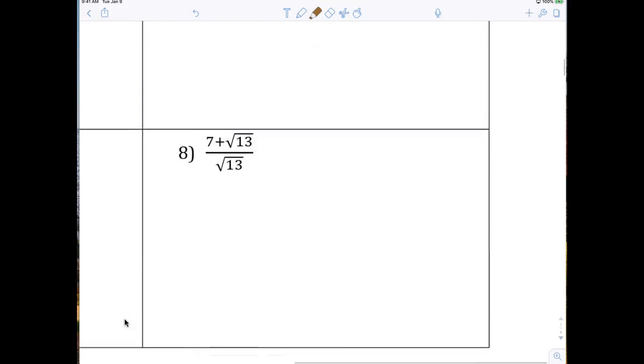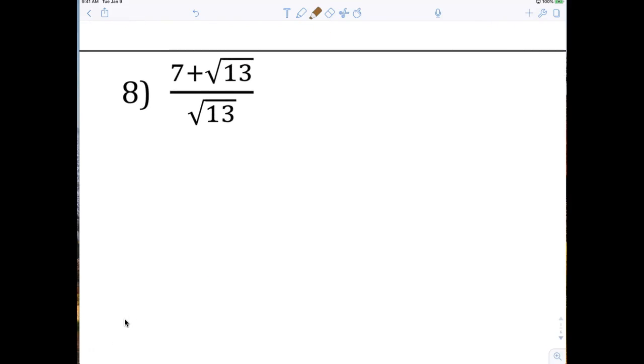Let's see about number 8. All I'm going to do is multiply the top and bottom by radical 13. So my final answer is, easy as that.